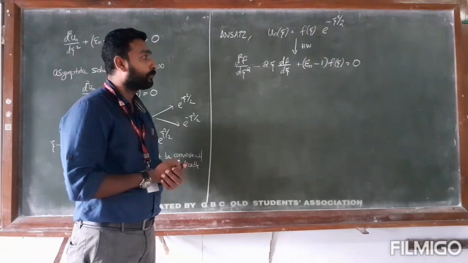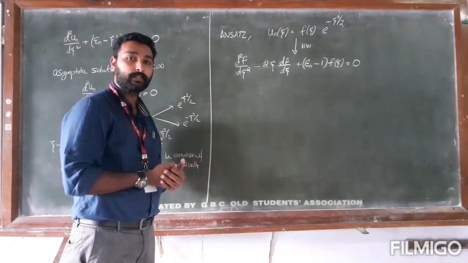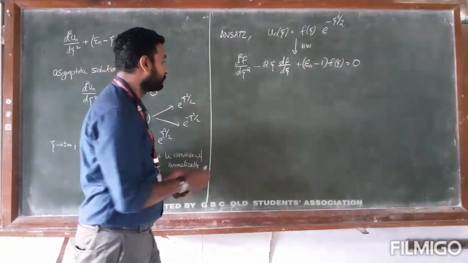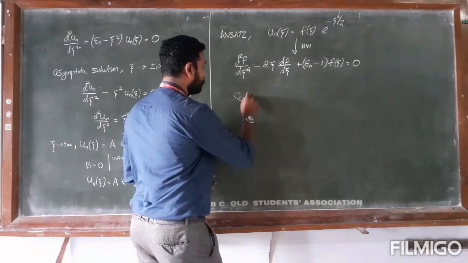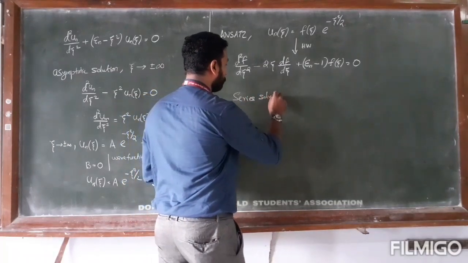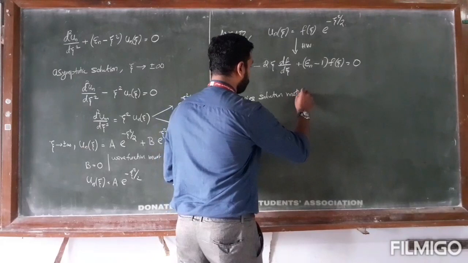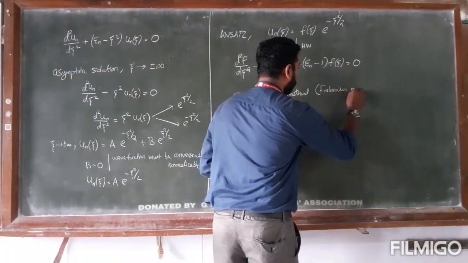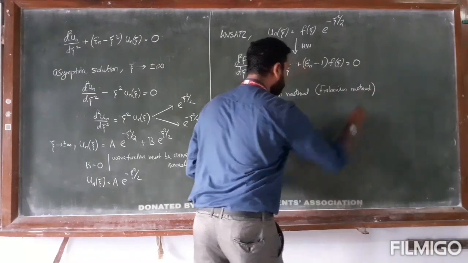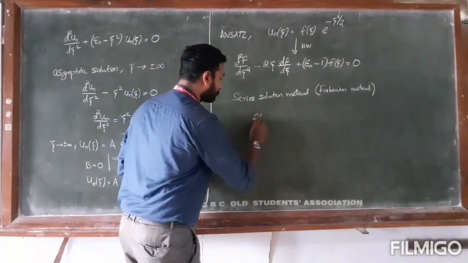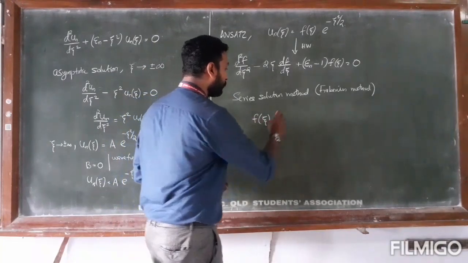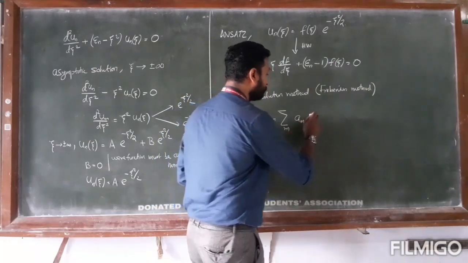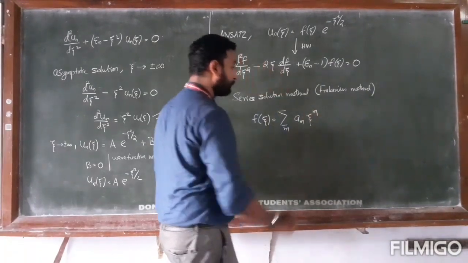Now there is a beautiful way to solve a general differential equation using a series solution method, also called the Frobenius method. That is, you can expand your f of theta as a sum over m of a_m theta raised to m.